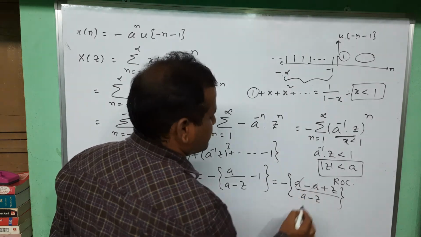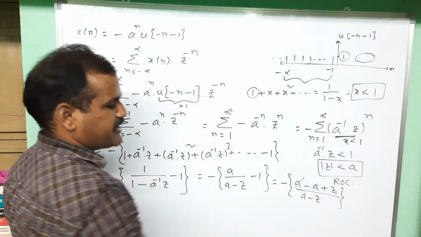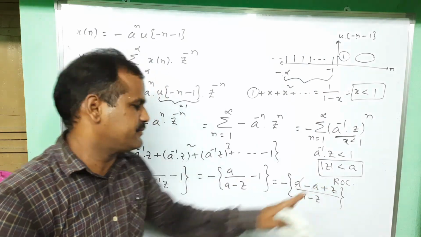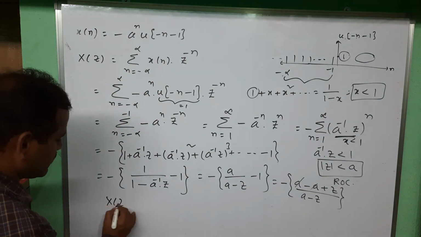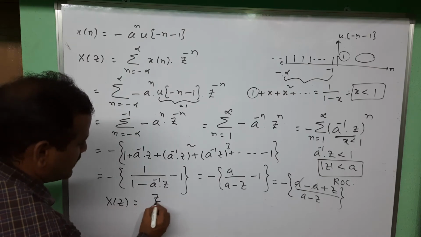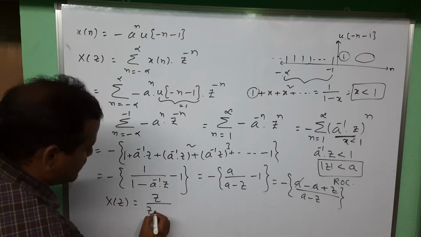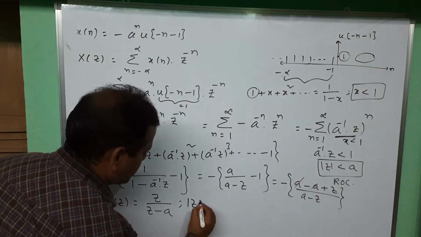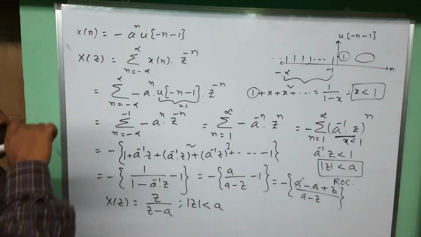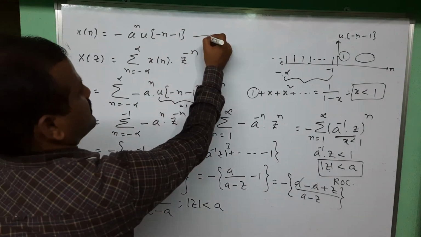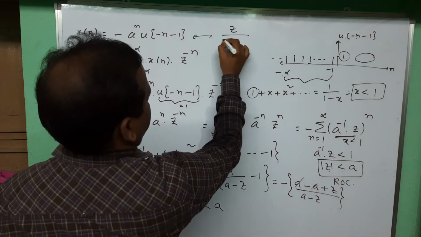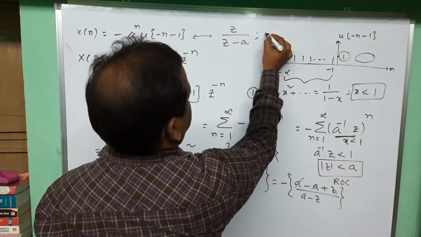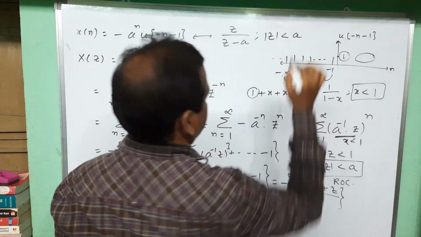So a gets cancelled, and if I take the minus into the denominator, I get z minus a, with z in the numerator. So X of z for this is z divided by z minus a with ROC mod z less than a. So the z transform of the given signal is z divided by z minus a, and mod z less than a is the ROC.